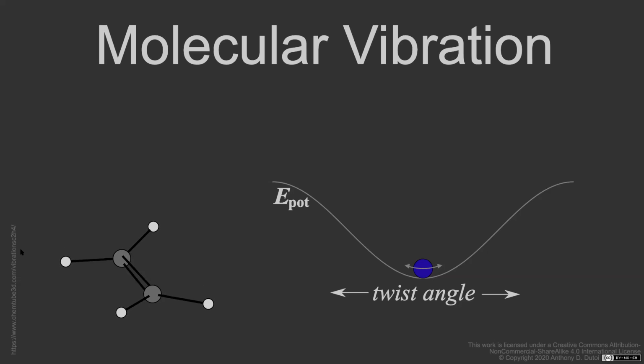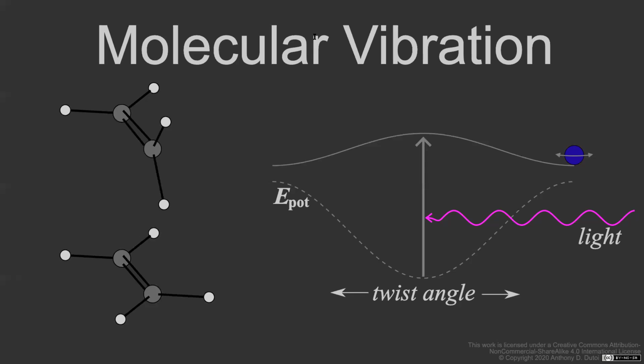Now, something interesting that can happen when this molecule is subjected to some light is that it can change the potential energy surface. And this is why we absolutely must talk about the potential energy surface, because that is what changes when you expose this thing to light. So you expose this molecule to light right here.